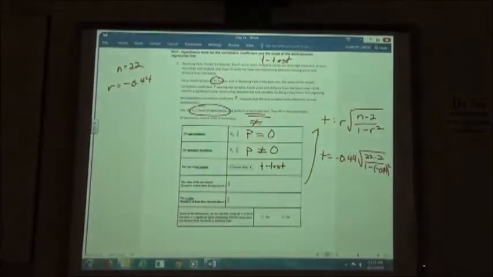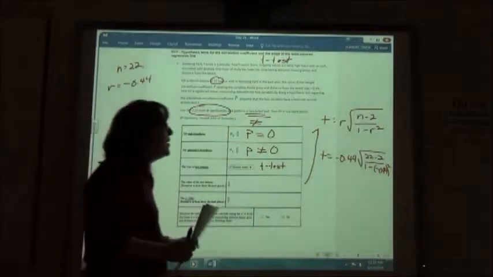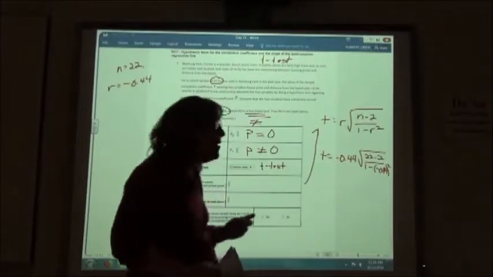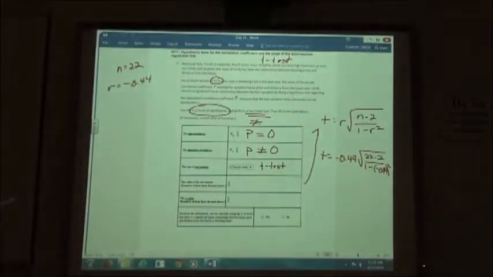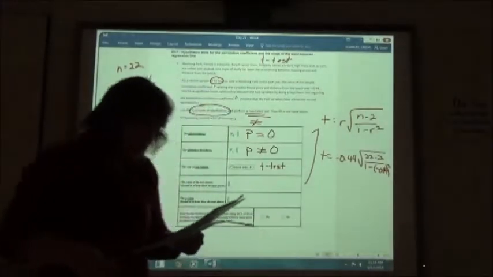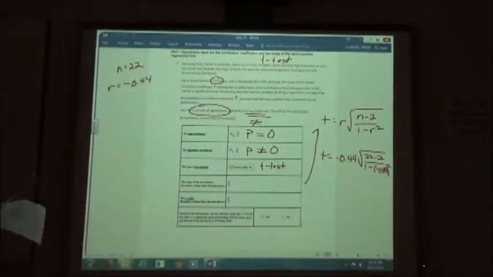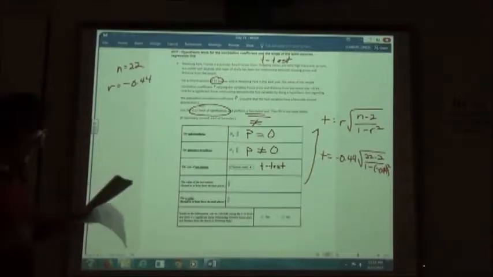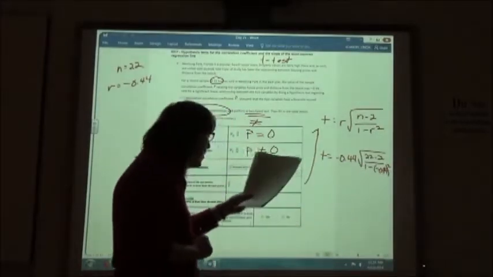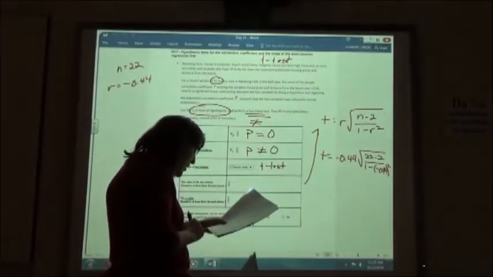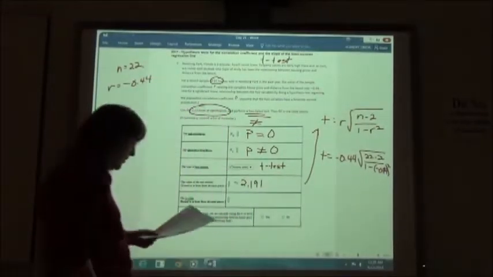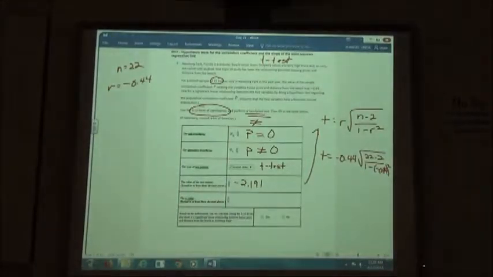Make sure here, since this is negative, you've got parentheses around your negative. We can punch that in on the calculator, or you probably could do it on your regular calculator since there's no t's and x's and all of that yet. To 3 decimal places, you should come up with negative 2.191.